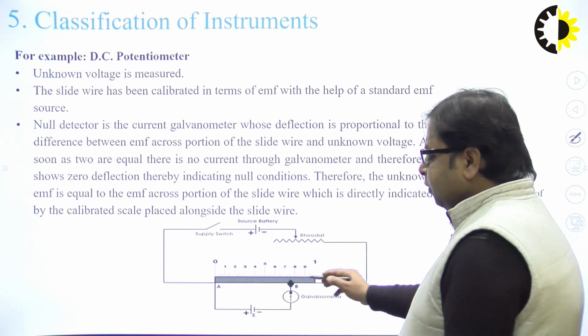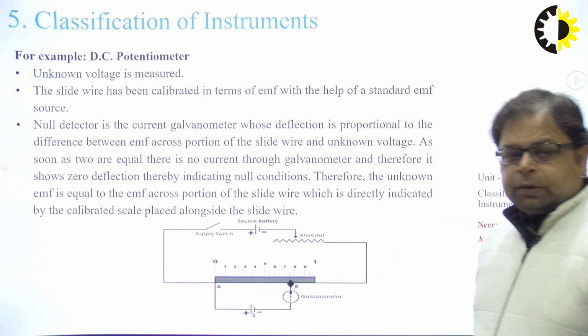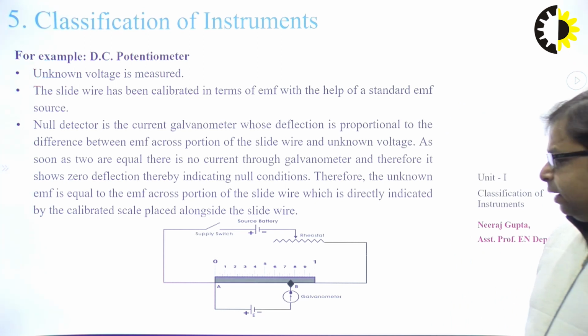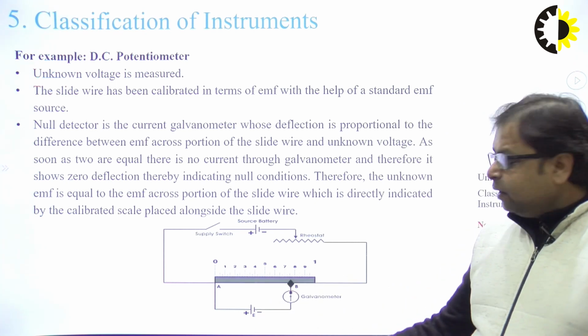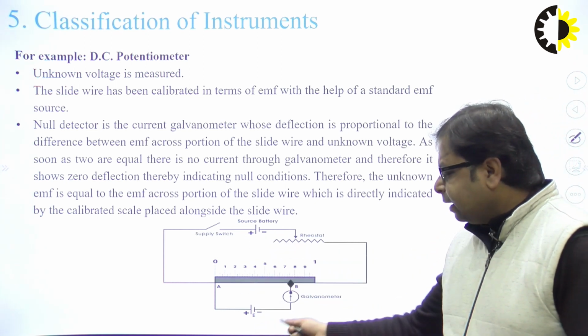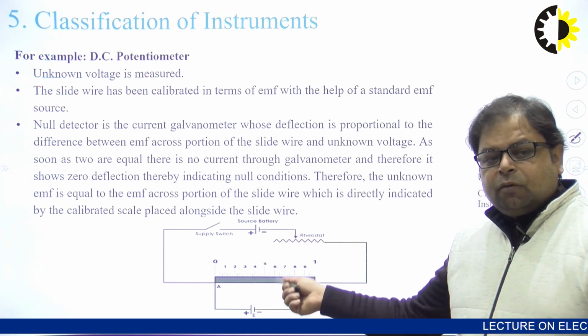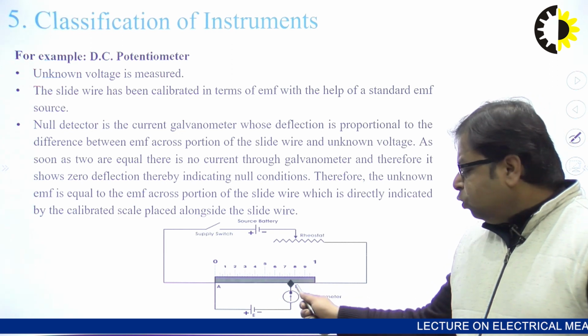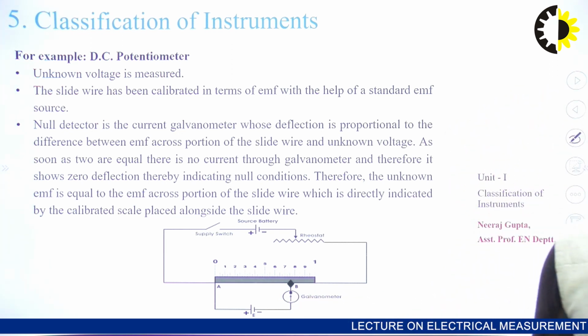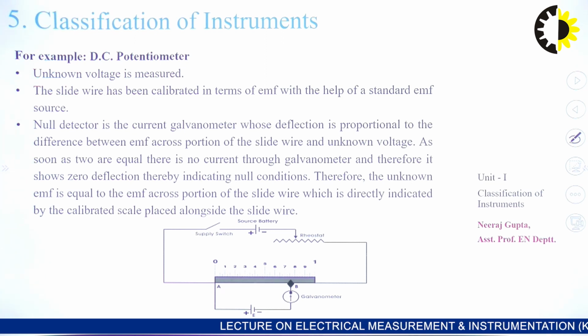When we move this slide contact on the scale of this wire, it will be acting as a circuit. So, when these are equal, there will be no current through the galvanometer and it will show 0 deflection. That is what the null condition is.